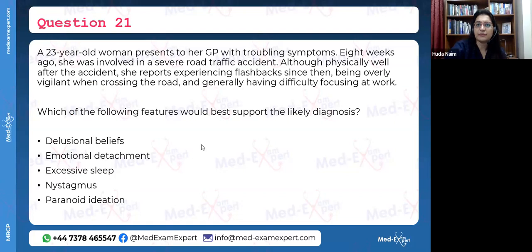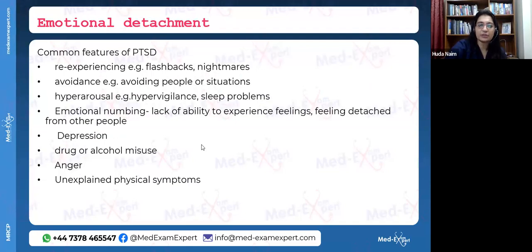So what is the patient suffering from? Very good, Dr. Smilin. She's suffering from PTSD. So there's emotional detachment, that's the common feature of PTSD, post-traumatic stress disorder.